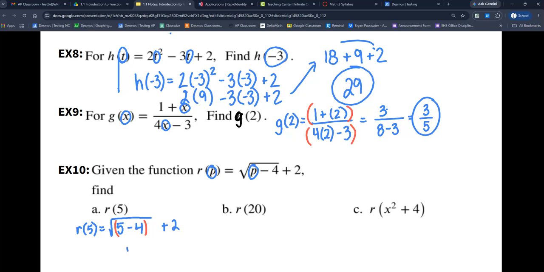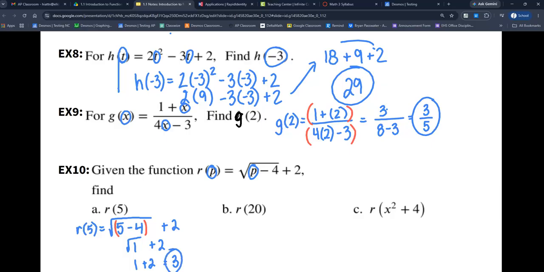Yes, I thought you said 4, and that did not sound right. So we get square root of 1 plus 2. What is the square root of 1? 1, because square root means what number times itself gives me that number, right? 1 times 1 gives you 1. So we've got 1 plus 2, and then that gives us 3. That'll be our answer.